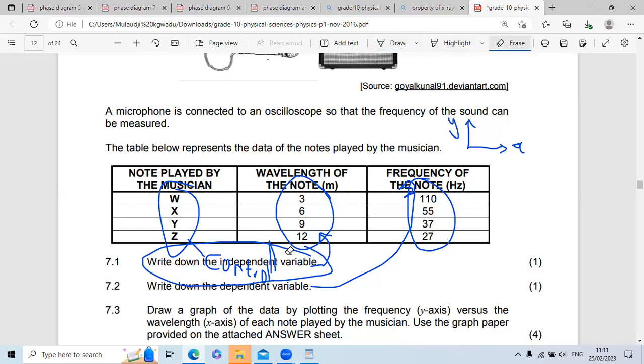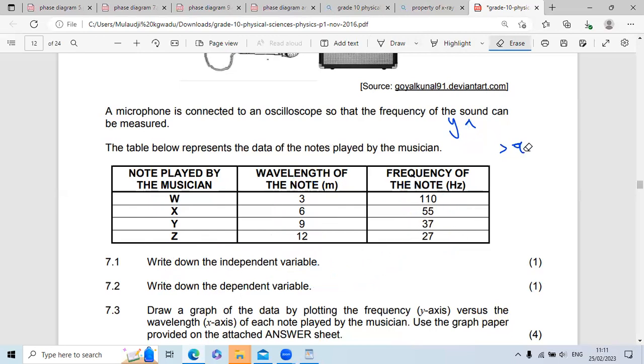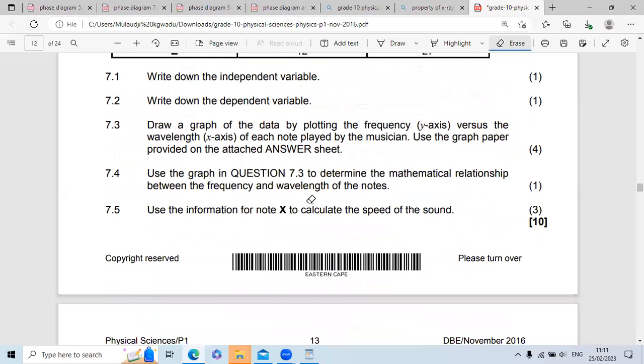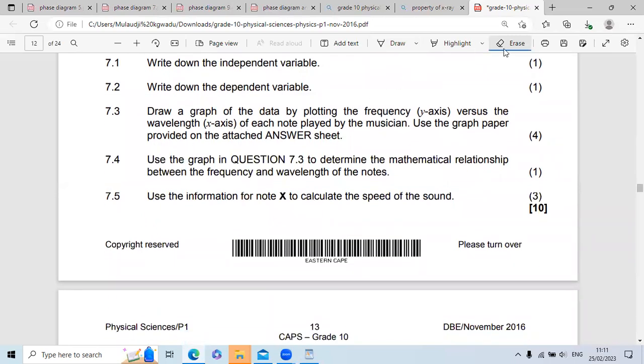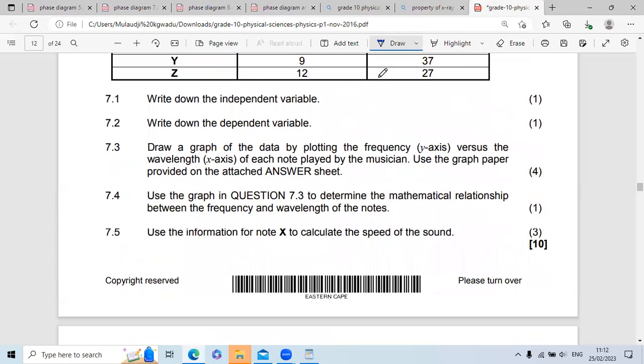So this is going to be the control. And they say draw a graph of the data by plotting the frequency on the y versus the wavelength, which is going to be on the x. It's a bit of a mind game, because I said the independent is usually on the x and the dependent is usually on the y.